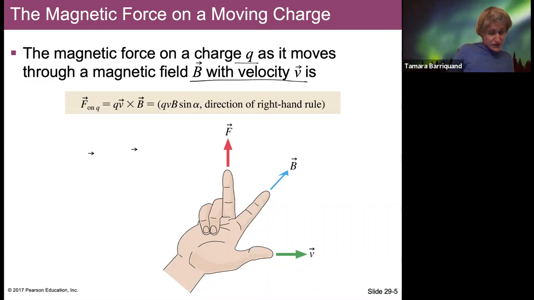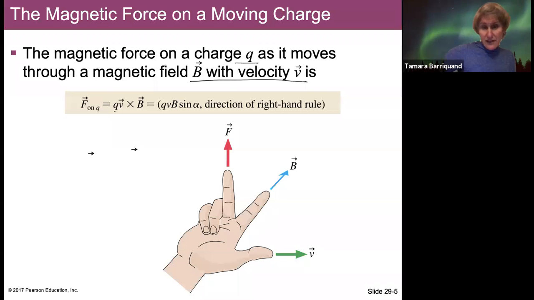So F on Q equals QV cross B. The magnitude of that will be the magnitude of Q times the magnitude of V times the magnitude of B times sine of alpha, which is the angle between V and B, and the direction will be determined by the right-hand rule.